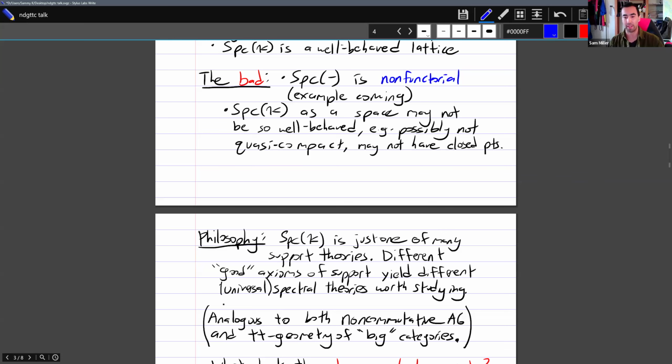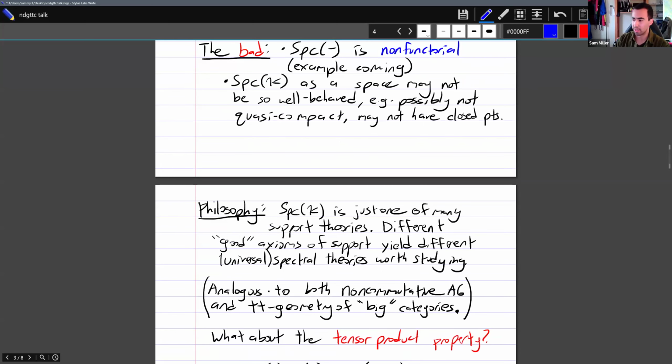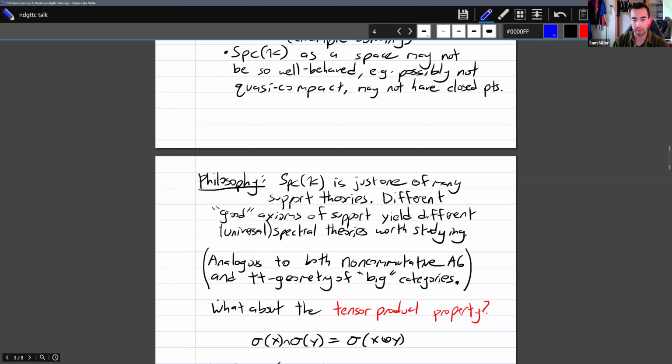This is analogous both to the non-commutative algebraic setting, where we have a bunch of different support theories, and to the tensor-triangular geometry of big categories, where the usual support axioms that hold for essentially small categories may break down. This is what leads to stratification, in the context of Barthel, Hurd-Sanders, Balmer-Fabbi support and whatnot.